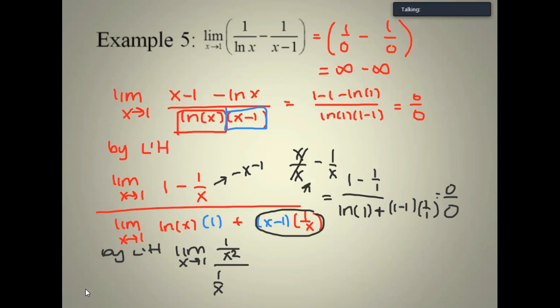So x over x is 1, which is 0, and 1 over x is a positive 1 over x squared. Taking your limits separately, you get 1 over 1 plus 1 over 1, which is 1 over 2. So your limit is a half.